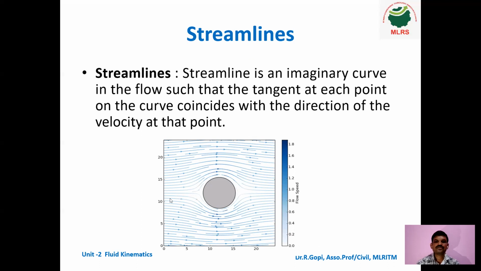Okay, so now let us explain with this figure. Consider this is a pipe, and a fluid is flowing in the pipe. These are the fluid particles moving along a well-defined path. Now a circular shape obstruction is there at the middle of the pipe. So what happened?